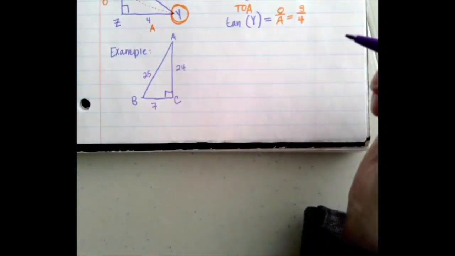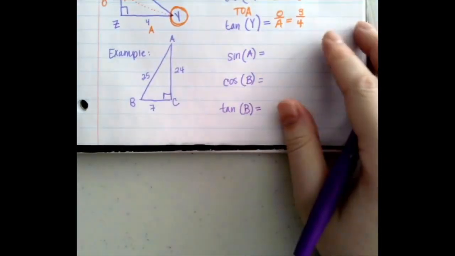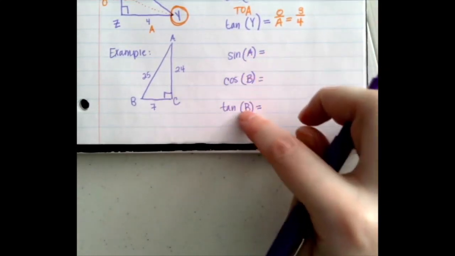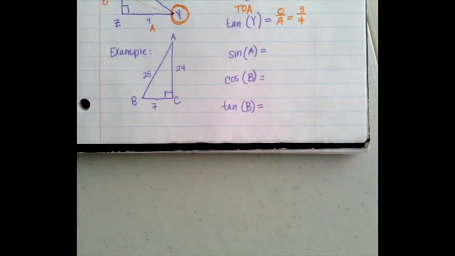So for the second example, let's say I have this picture. And it's asking me for the sine of A, the cosine of B, and the tangent of B. Now for this one, you notice we switch angles, so I only do the sine of A and then I switch to B. In that case, start with whichever one you want and circle that angle.